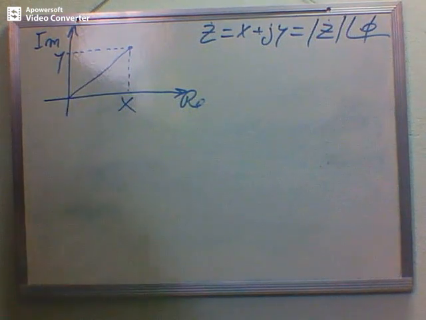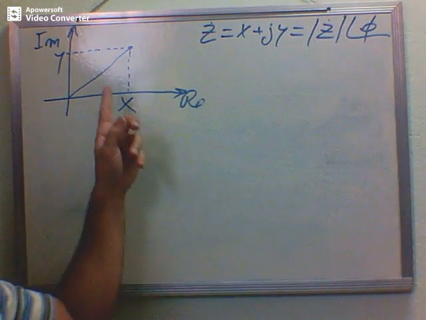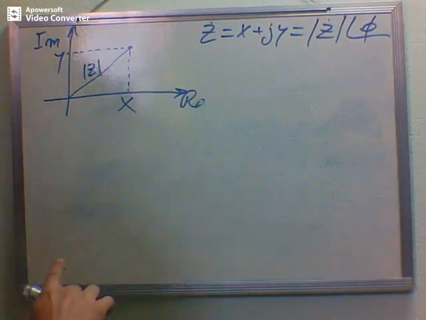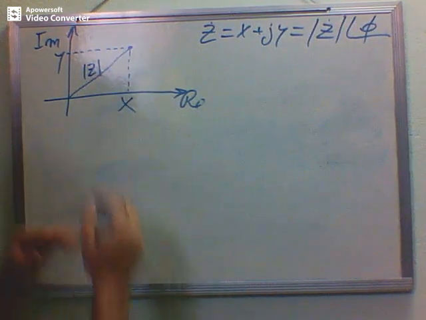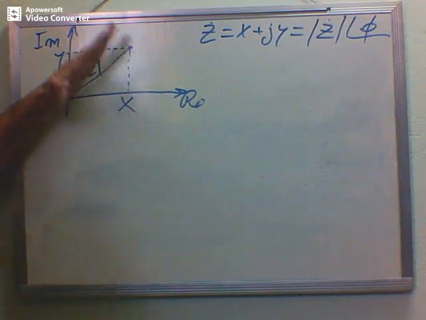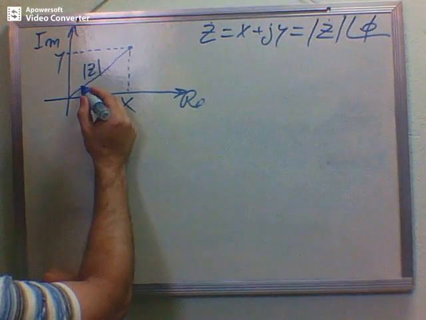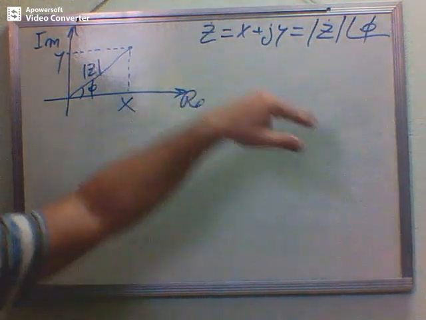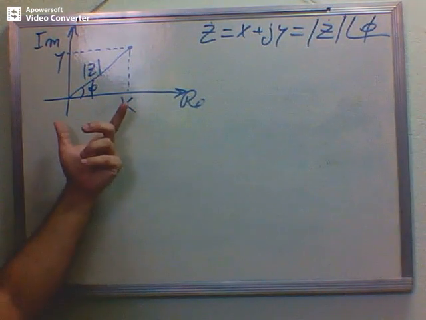To do this, I draw a magnitude here. This is going to be the magnitude of the complex number, and you see that it is shifted from the real axis. Alright? Now we can convert one into the other.